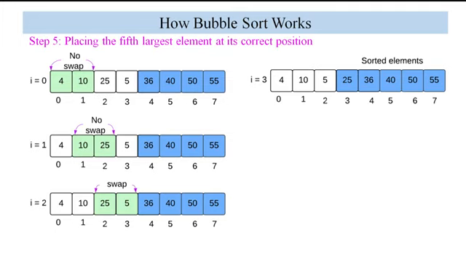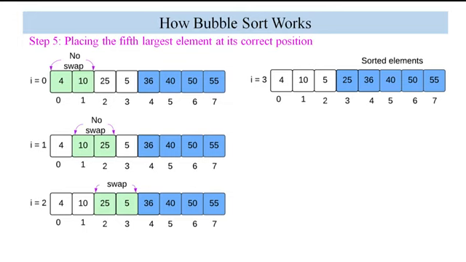In the worst case, 9 passes will be there, and in pass number 1 there will be n minus 1 comparisons, and in the worst case n minus 1 swaps also.